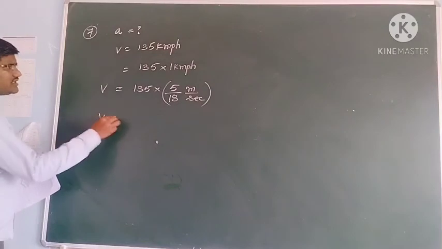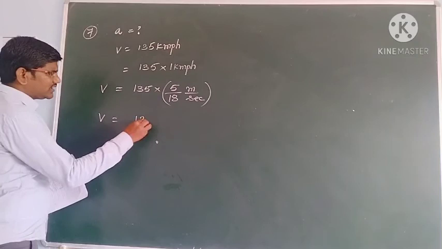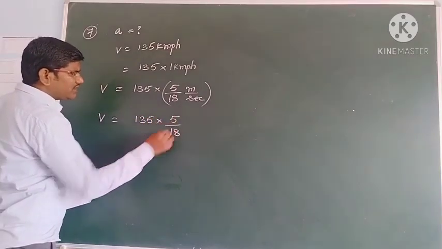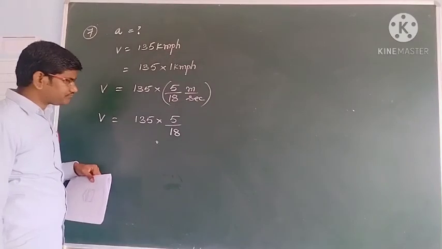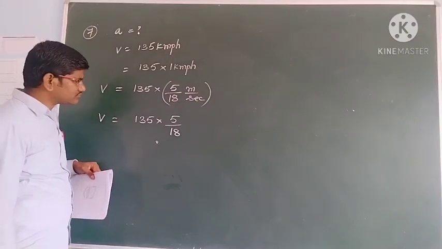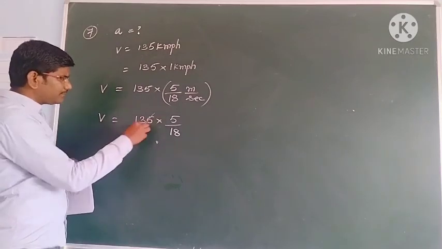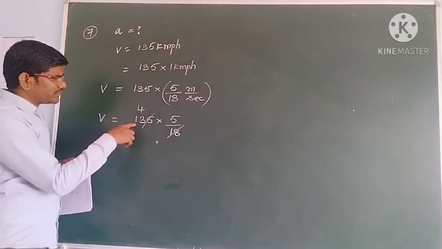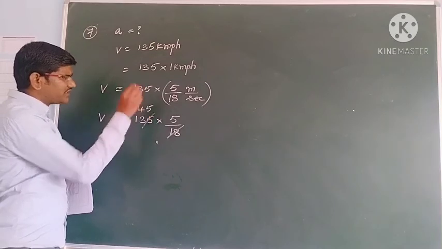So then v is equal to 135 into 5 by 18. We have to cut it. So 3 fours are 12, 15 is left. 3 fives are 15.